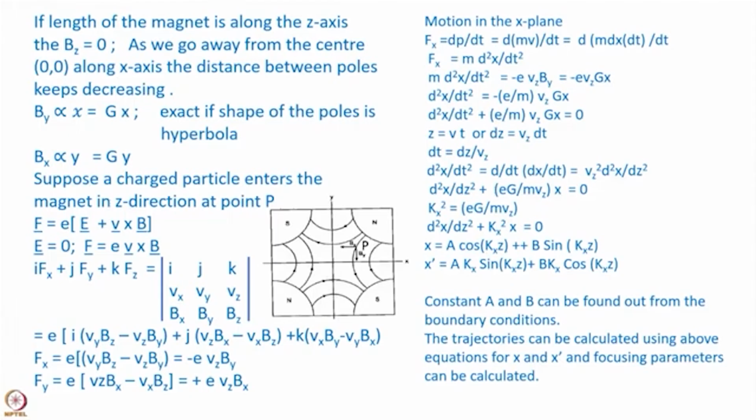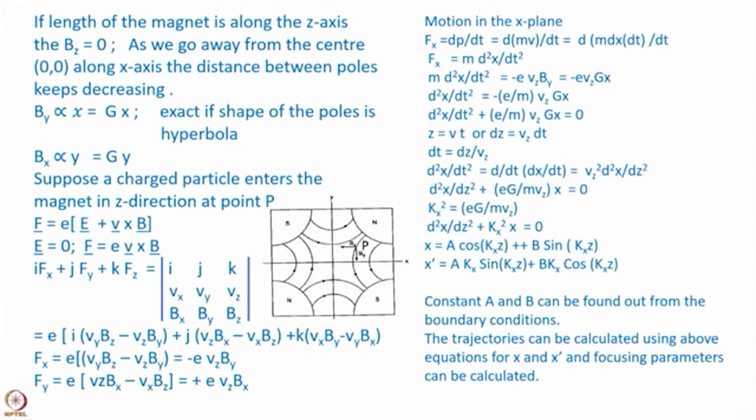So suppose you write this as, let's say, k, and change the value. See, ultimately you want to know the trajectories as a function of z, because the particle is moving in the z direction. So you don't know time. Of course, you can calculate velocity, but that is not important.